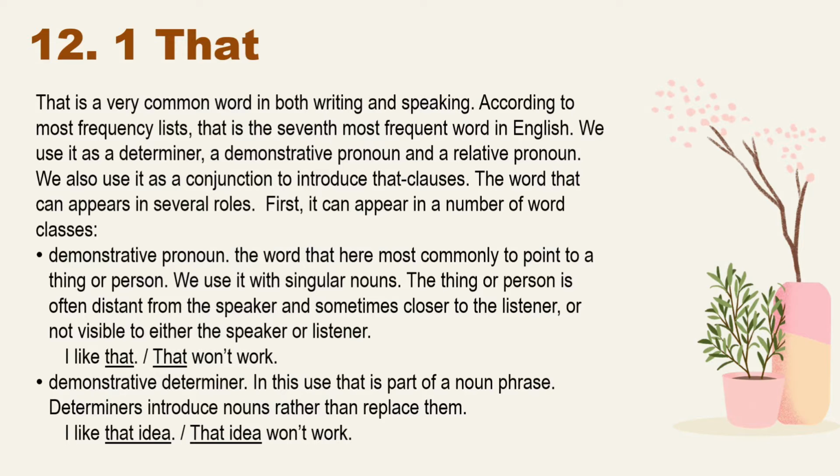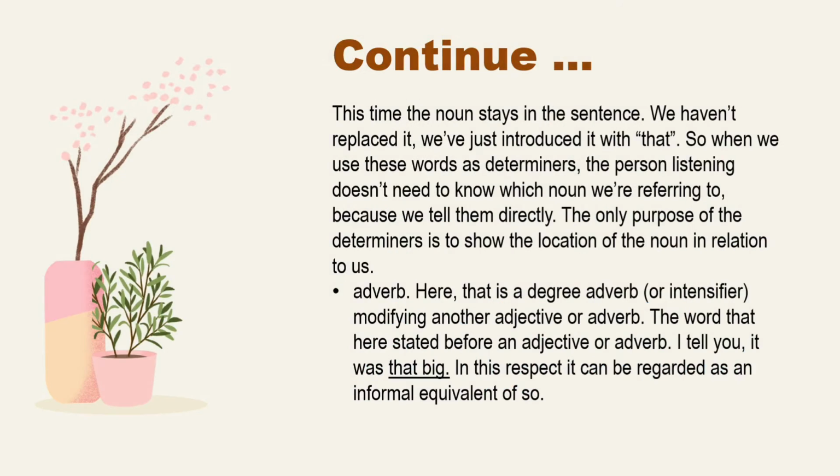And the second is demonstrative determiner. This is different from demonstrative pronoun. According to eslbase.com, in this use that is part of a noun phrase. Determiners introduce nouns rather than replace them. For example, I like that idea, or that idea won't work. This time, the noun stays in the sentence.